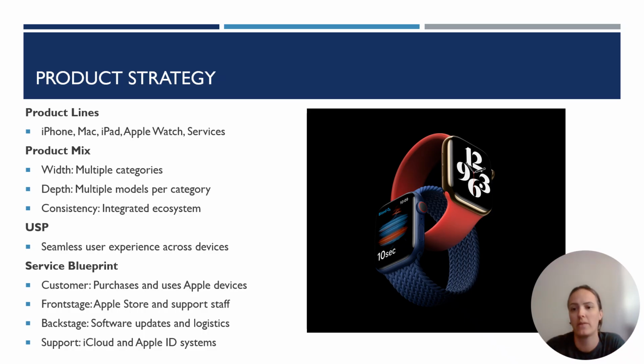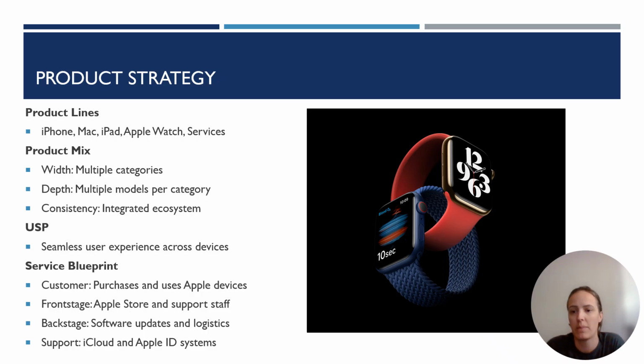Apple offers a wide range of products across several categories, including smartphones, computers, wearables, and digital services. Its product mix has both width and depth, with multiple categories and several variations within each category. What ties everything together is consistency, as all products are designed to work within the same ecosystem.